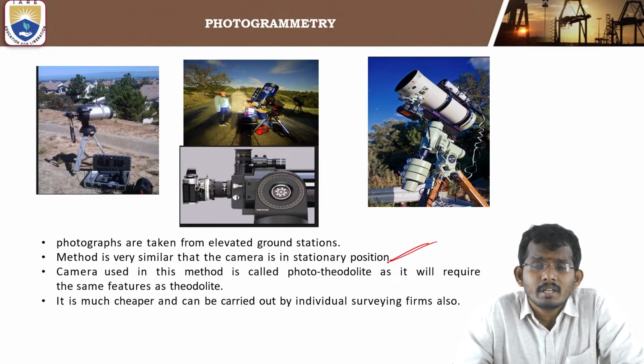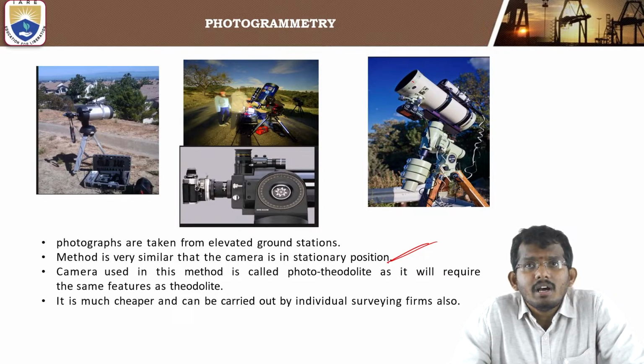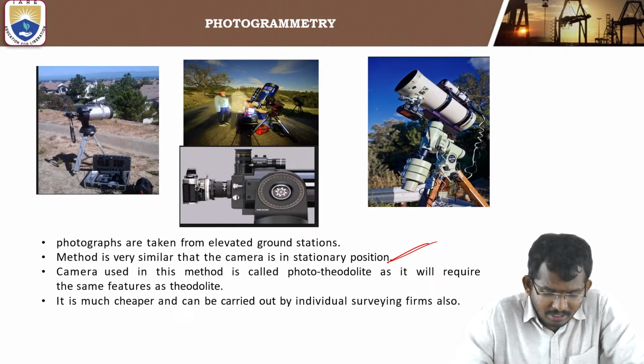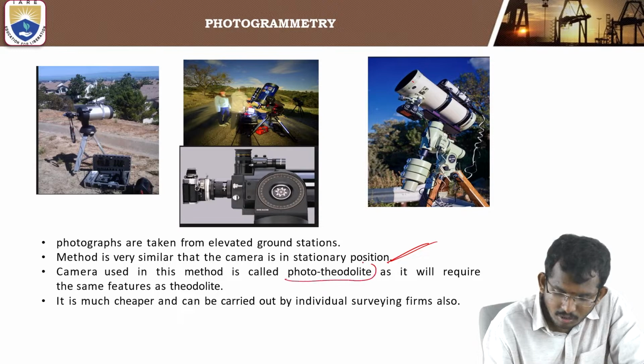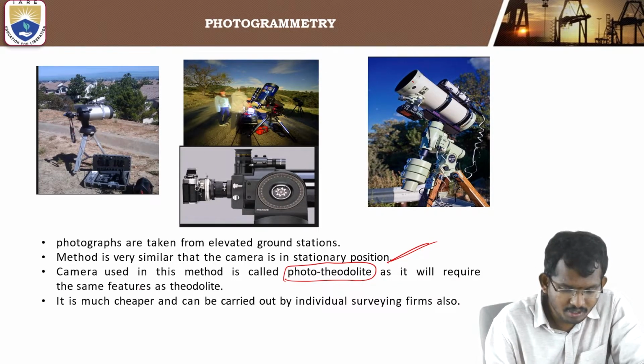In this case the camera station is fixed. The camera used in this method is called a phototheodolite, a combination of a camera and a theodolite, with the same features as a theodolite.